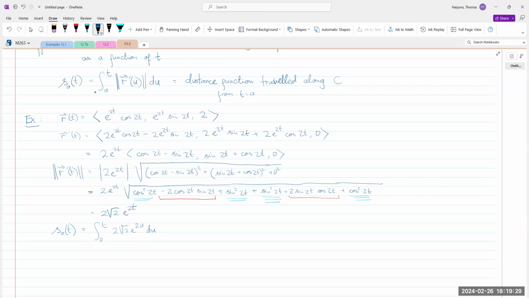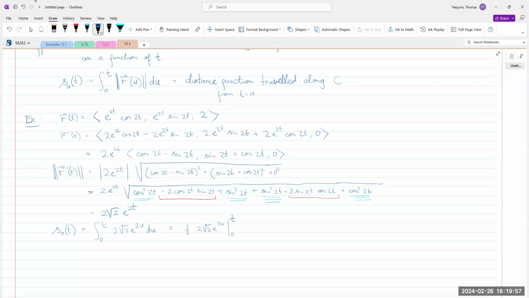Okay, maybe I should slow down a little bit. So it will be 1/2 times 2 square root of 2 e to the 2u from 0 to t.